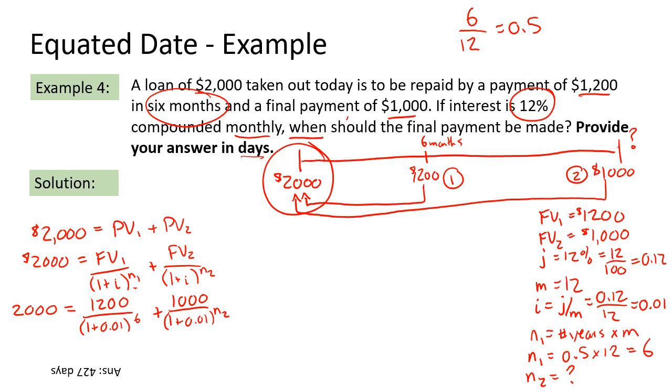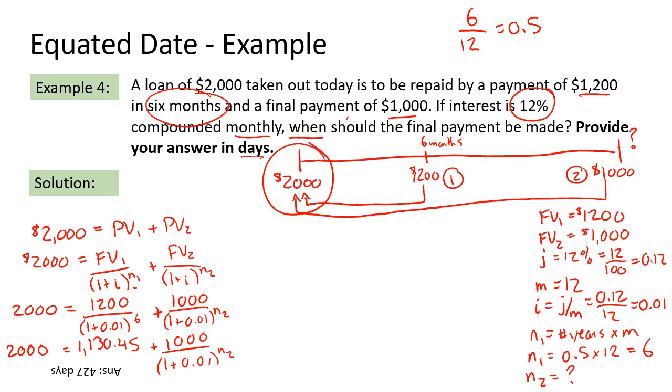You can do 1,200 divided by 1.01 to the exponent 6, and if you substitute those values in, you get that 2,000 is equal to $1,130.45 plus 1,000 divided by 1 plus 0.01, to the exponent n2.